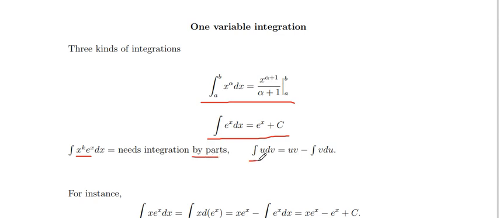We have this formula: u dv equals uv minus v du. For k an integer, we can do this integration by parts.